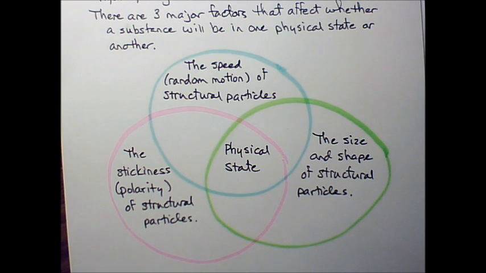If it's not easy to get them to stick together, so they're tiny structural particles, they don't have a lot of mass, they don't have a lot of stickiness, it's easy to make them a gas, and you have to cool them down a long way before they even get to be a liquid. Okay, so they would have a really low boiling point.